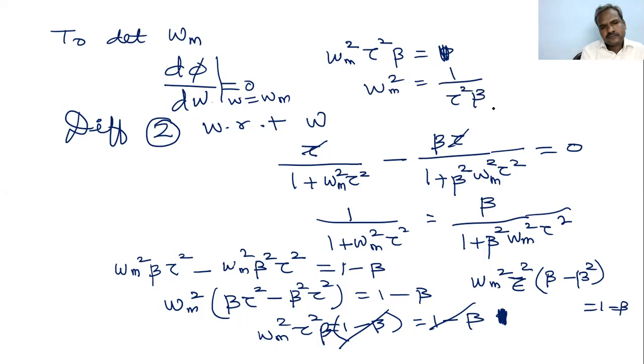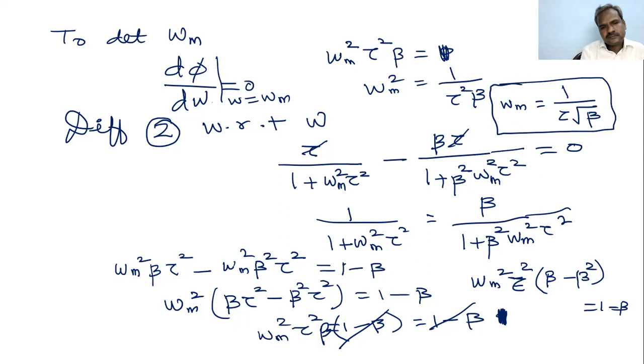So omega m equal to 1 by tau root beta. This is another method of determining omega m, the maximum value. Understand or not?